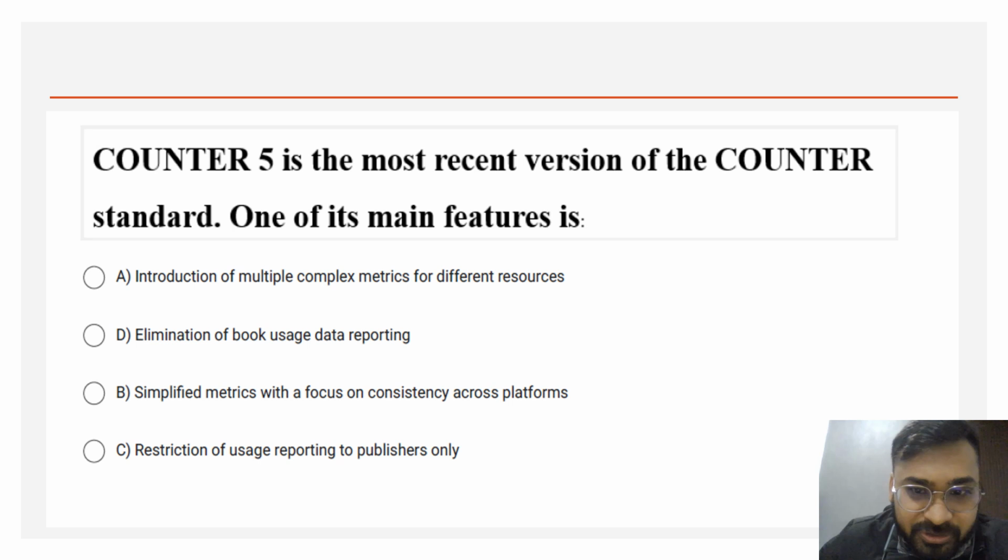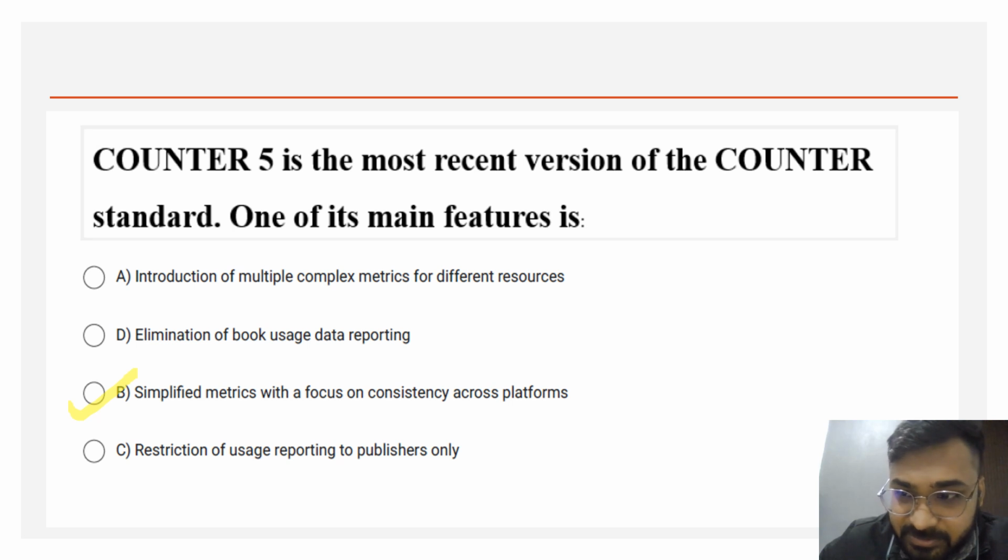Counter 5 is the most recent version of the Counter standard. What is the main feature of the Counter standard? It is simplified metrics with a focus on consistency across platforms.